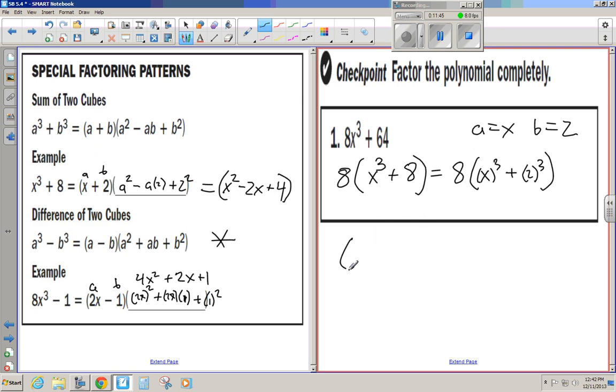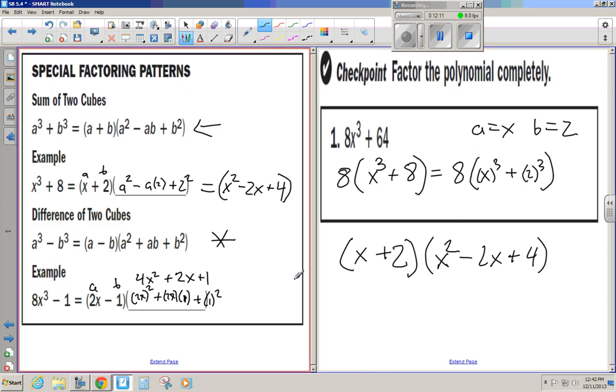So we write a plus b, a squared minus a times b, so 2x, plus b squared, which is 4. So we're following this pattern for those numbers.